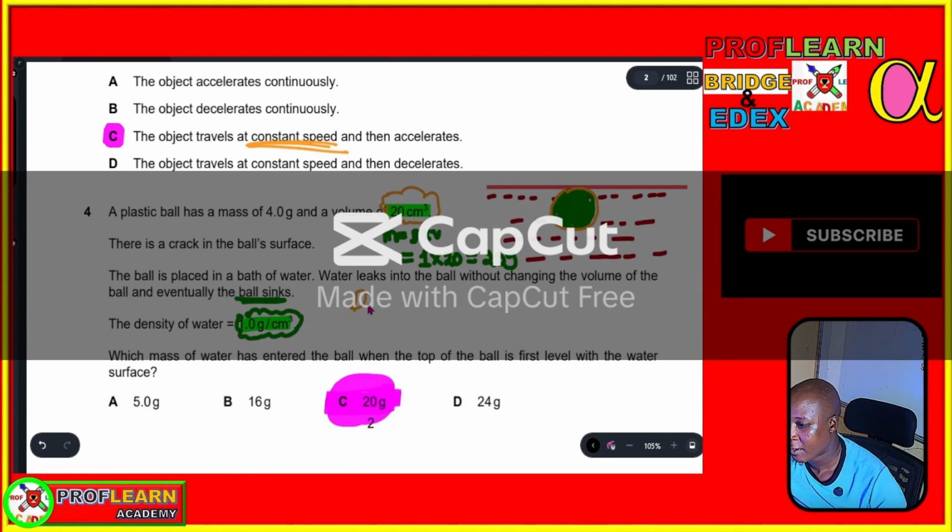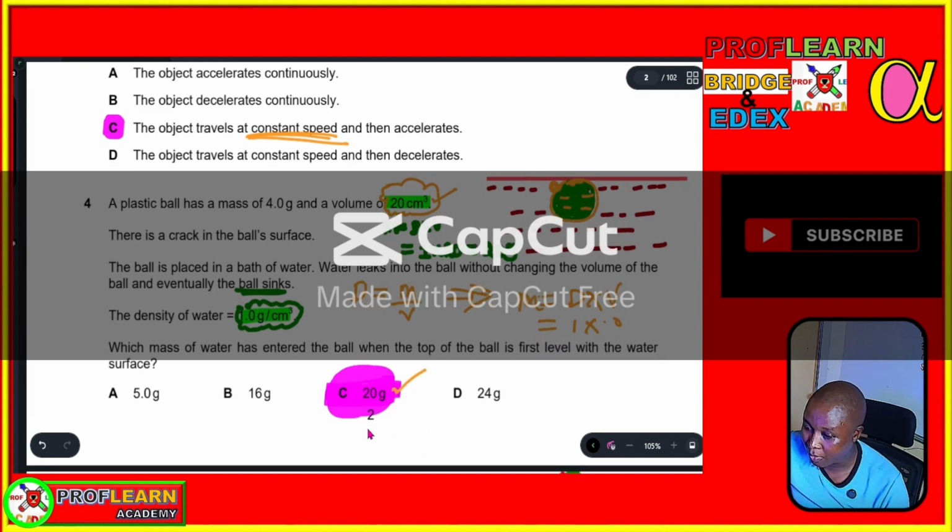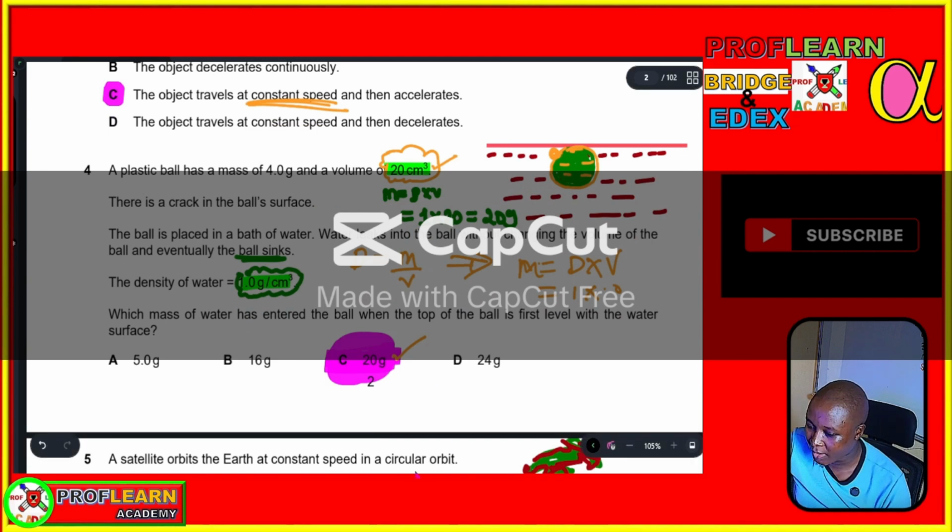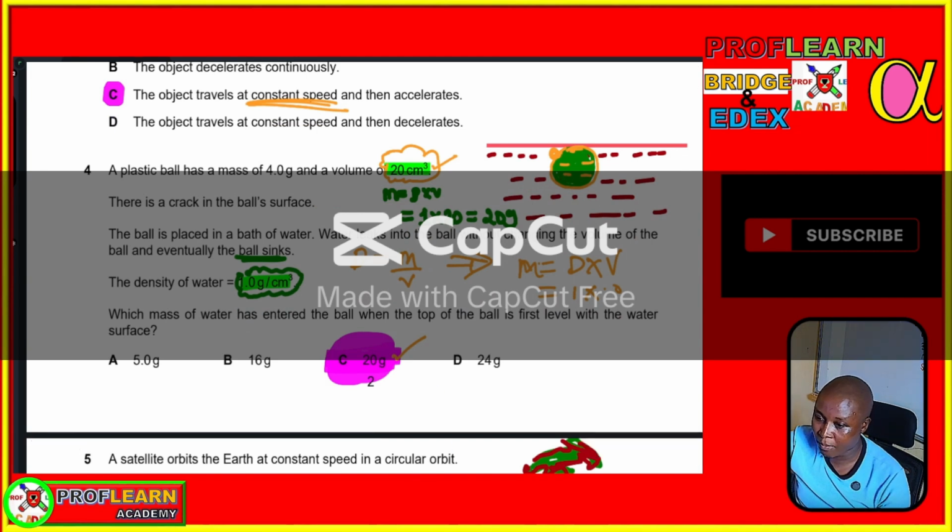Density is equal to mass over volume, which implies that mass is equal to density times volume. So the mass is 1 times 20, and we're going to have 20 grams. So the correct answer there is going to be C.